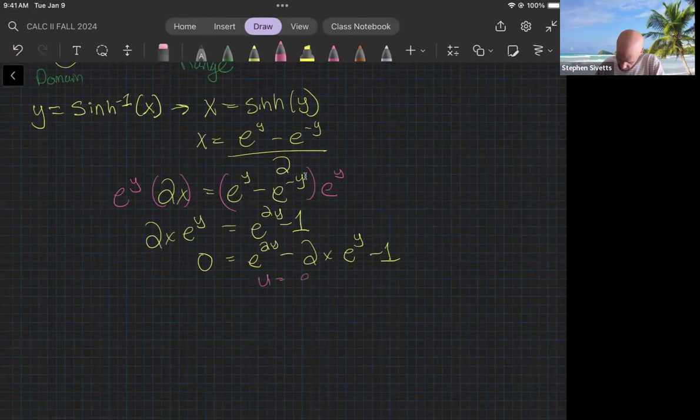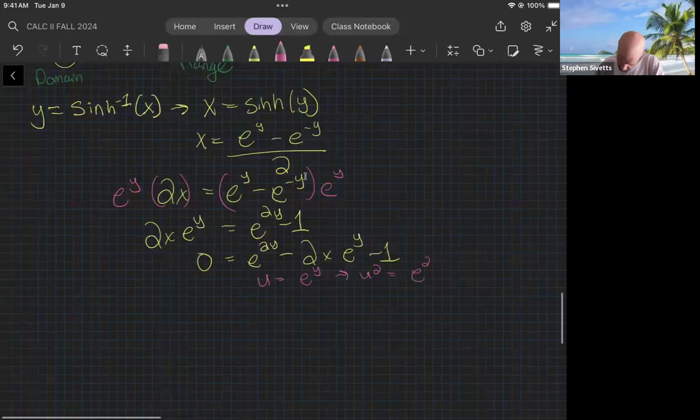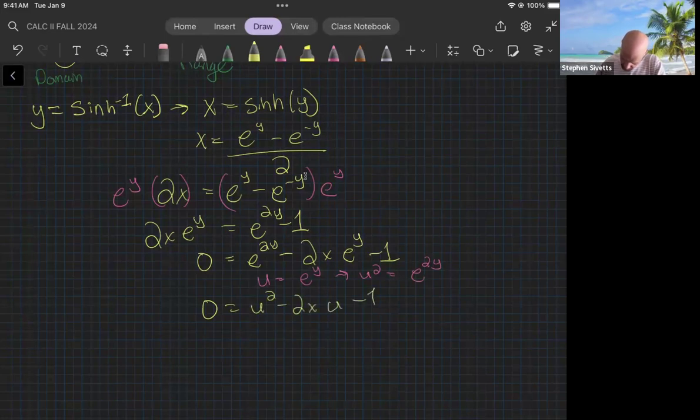So what I can do is apply a u substitution. If I let u equal e to the y, that means if I square both sides, I'll get e to the 2y. So that means 0 is equal to u squared minus 2x times u minus 1.